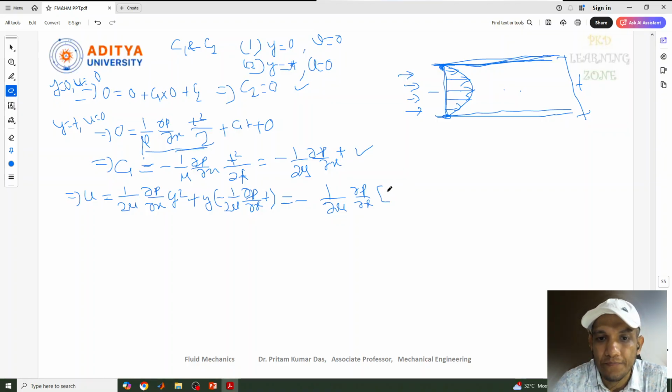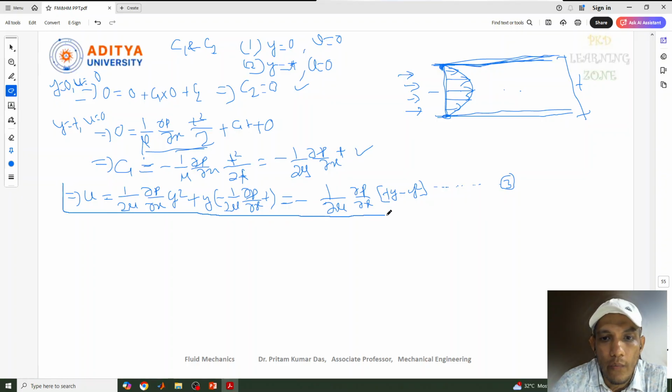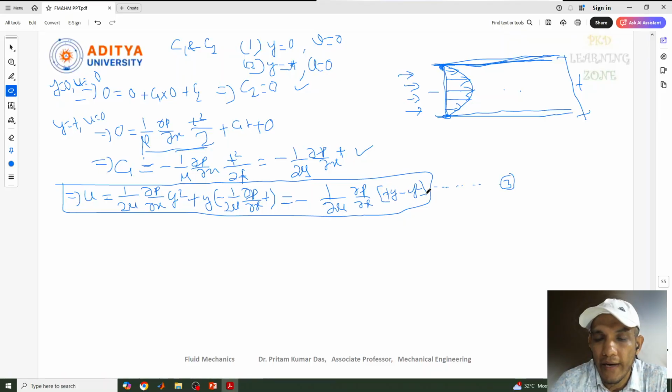So we can write here t y minus y square. This one you can call equation 3. So if you see this equation, u equal to minus of 1 by 2 mu del p by del x into t y minus y square.